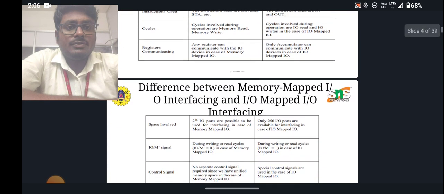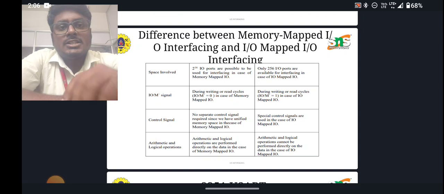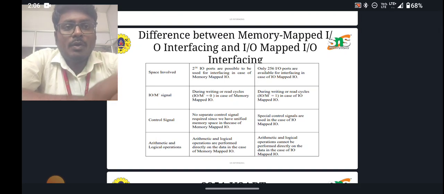The major differences, concluding, are the space involved. 2^16 I/O ports are possible to be used for interfacing in memory mapped I/O, whereas in I/O mapped I/O only 256 I/O ports are available for interfacing.